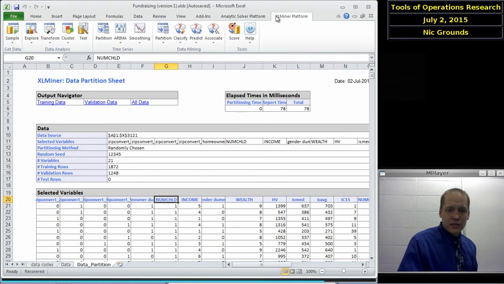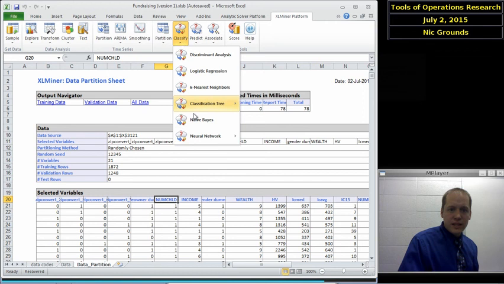All right, let's go back to classification trees, single tree.